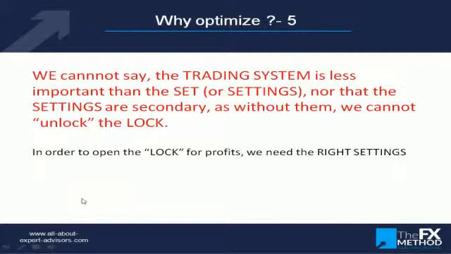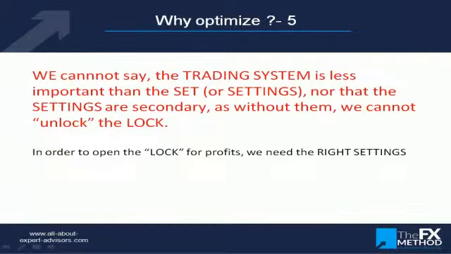So what is more important, the trading system or the parameters? I would say they're both important, but if I had to choose, I would choose the settings. I have seen very bad trading systems, such as a MACD with a Bollinger, which is an absurd trading system, and depending on the parameters, you can get at least something out of it.